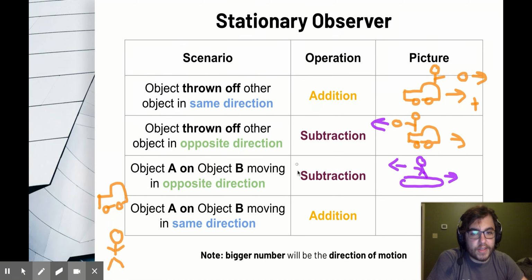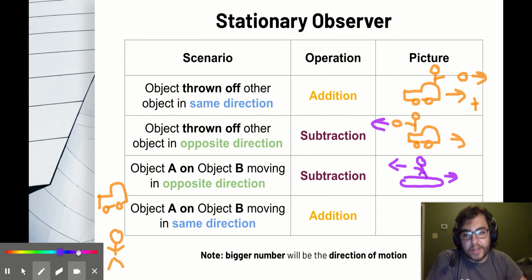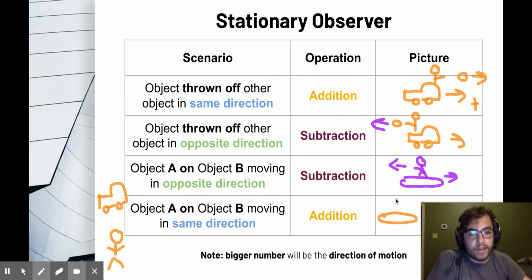So for any of these types of scenarios where objects are on top or started on top somehow, opposite means subtract, and same direction, if you haven't figured it out already, means we add. Remember the Mario video? All of a sudden their speed increased greatly when he was traveling in the same direction as the treadmill, and decreased greatly when he was traveling in the opposite direction.